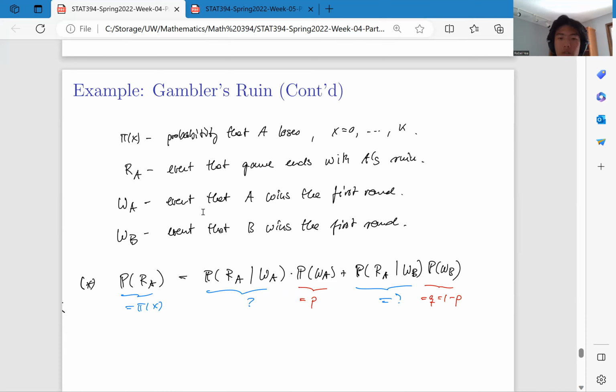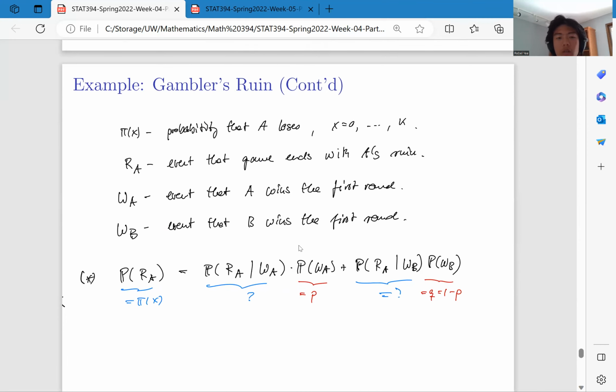There are two outcomes for each round. W_A means the event that A wins the first round, and W_B means that B wins the first round, or A loses the first round. Based on conditional probability, imagine we have already finished the first round. There are only two outcomes for the first round, whether A wins or B wins. So now we consider the second round.